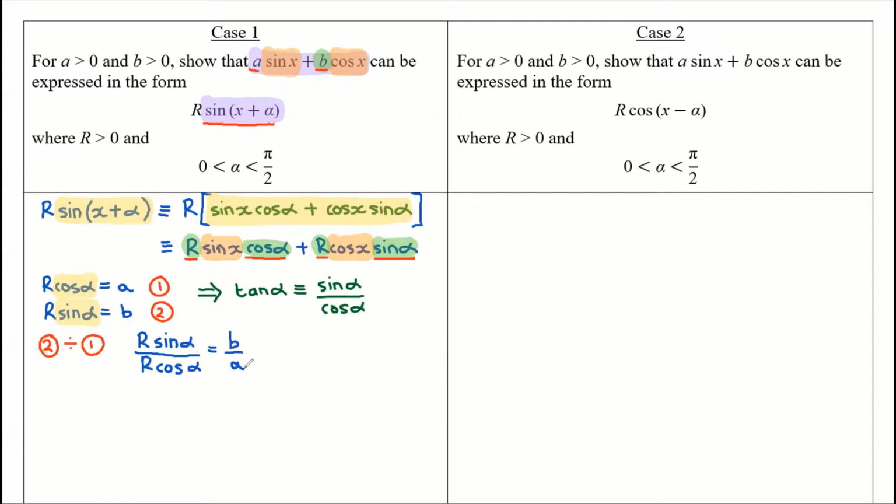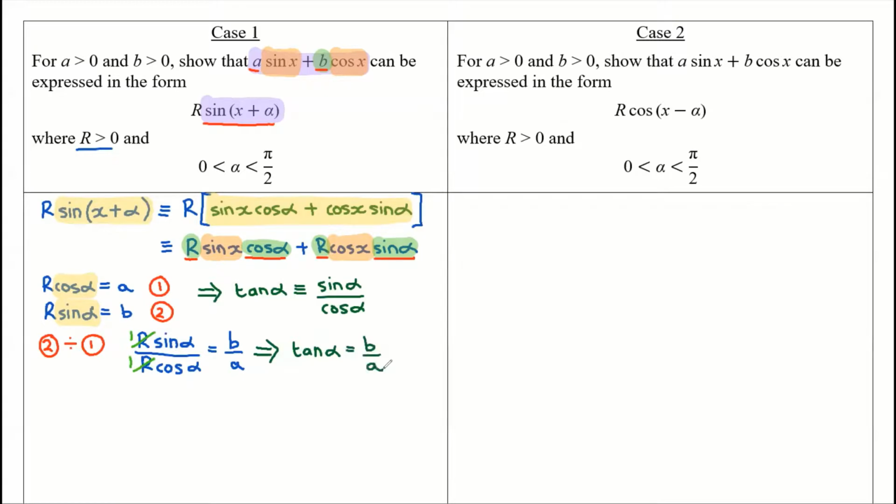Now, something else happens, which is quite good. The r is a non-zero amount, stipulated here, so there's no danger of this, and the r's are going to cancel. So with the r here and here, they're going to cancel to 1, so that's good. That means we're left with sine alpha over cos alpha, which we know is tan alpha, which is just going to be b over a.